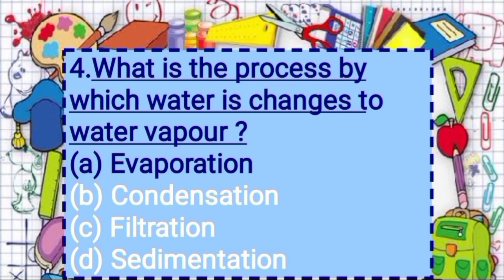First option, evaporation. Option B, condensation. Option C, filtration. Option D, sedimentation. Answer is option A, evaporation. Means evaporation is the process by which water changes to water vapor.